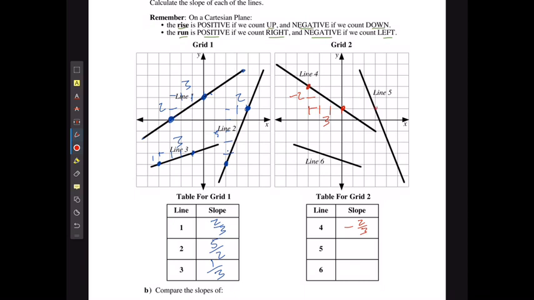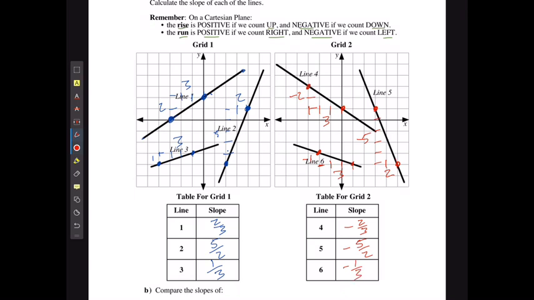For line 5, I'm going to pick 2 points, and here I had to go down by 1, 2, 3, 4, 5, and right by 2. And I have a slope of negative 5 over 2. And here, I take my 2 points, I went down 1, and I went right by 3, and I have a slope of negative 1 over 3.